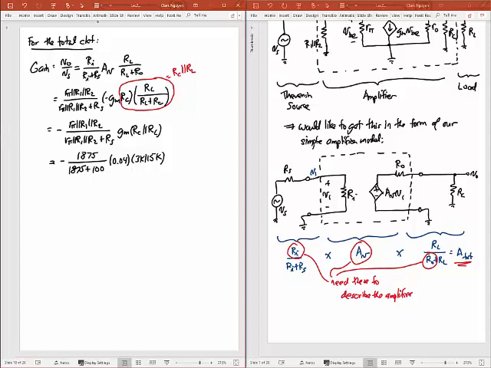So that would be 3 kilo ohms in parallel with 15 kilo ohms. And if we then calculate all this, this ends up being minus 71.2. And that then ends up being my V0 over Vs in the midband.